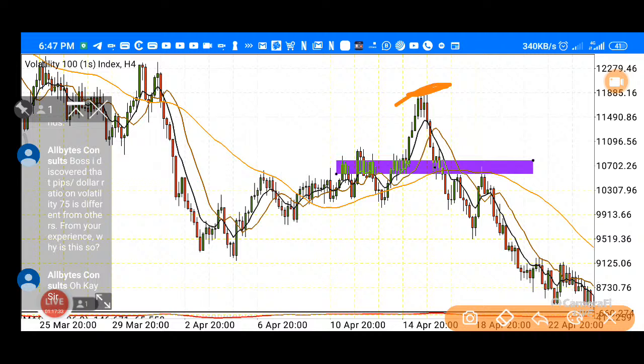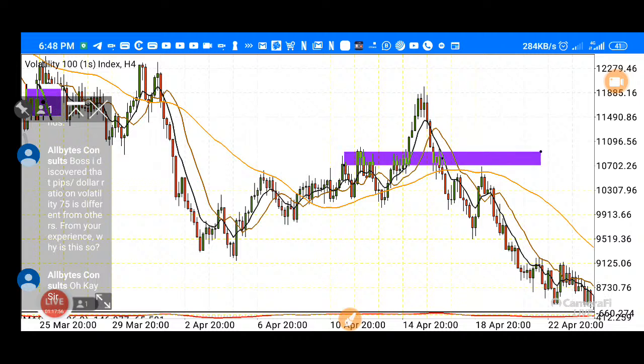You want to draw it as a zone and not a level. So this is what you do. There's always a wick which is higher, which is the eye. This wick, so you are using this wick, and also the body of the candles. Just cut a little out of the body of the candle, something like this.